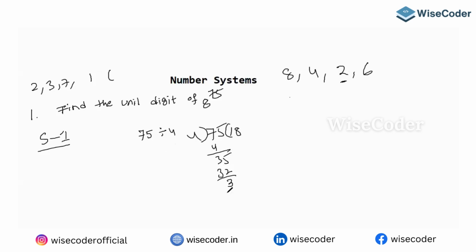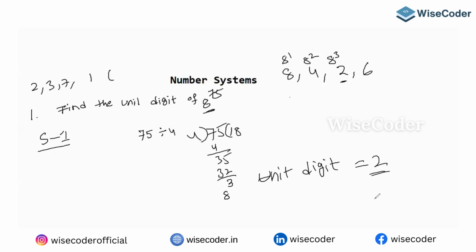So put 8, and which power you are calculating, put that value. So 8 cube. 8 power 1, 8 square, 8 cube. When 8 cube is there, what is the unit digit? 2. That's it. That's how you can get your answer very easily.